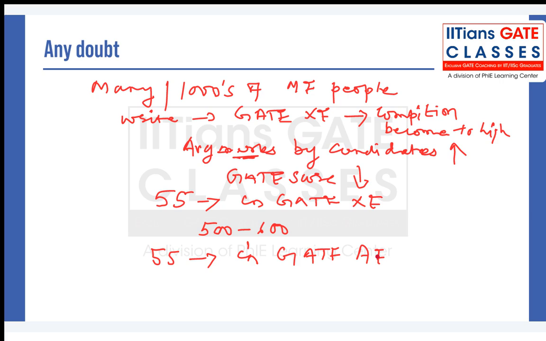Your Gate score will be close to 700, plus or minus. Then what is the use? You should put in hard work to get 55 marks in Gate AE, right? And getting 55 marks in XC will not be easy, it will be tough.